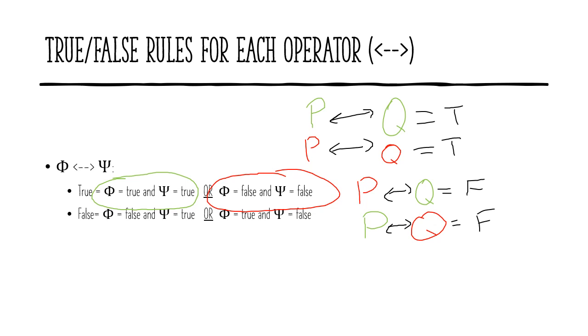So the best way to understand what makes these true or false is, they're true if they match, they're false if they don't match. It's the best way of understanding a biconditional.